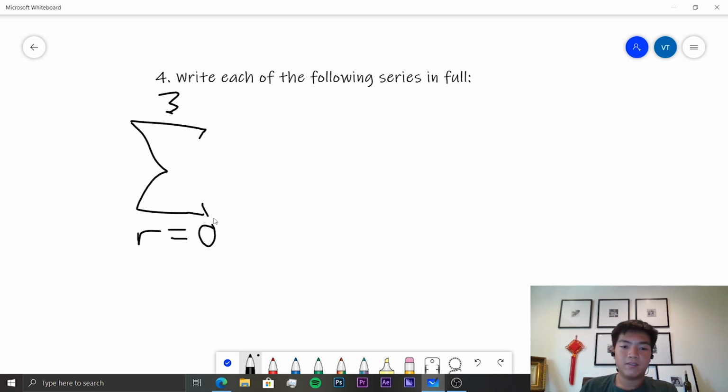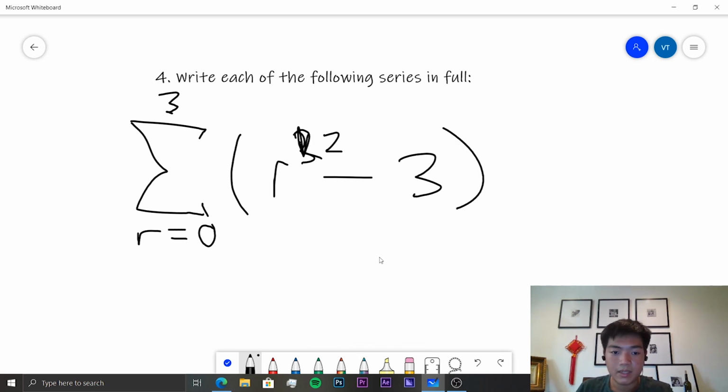So if r is between 0 and 3, and our sequence is r squared minus 3, then the 0th term is equal to 0 squared minus 3, which is equal to negative 3.